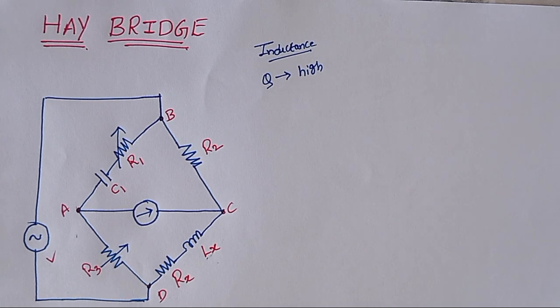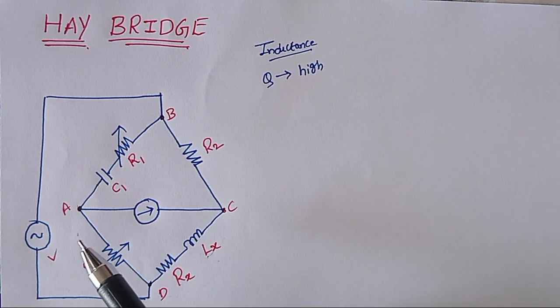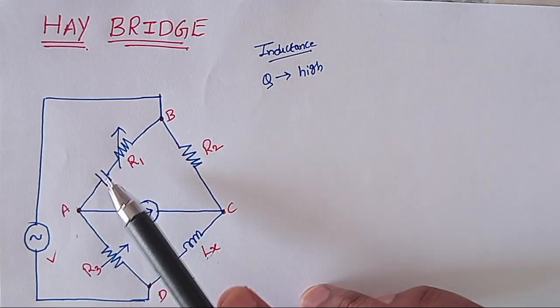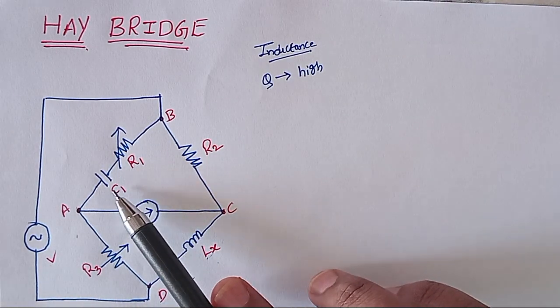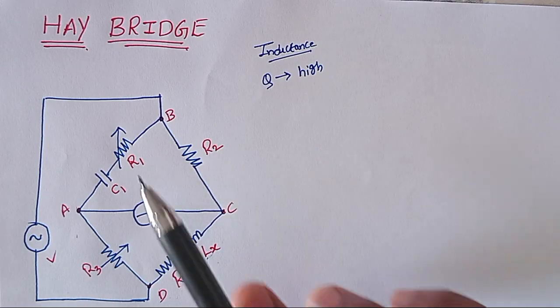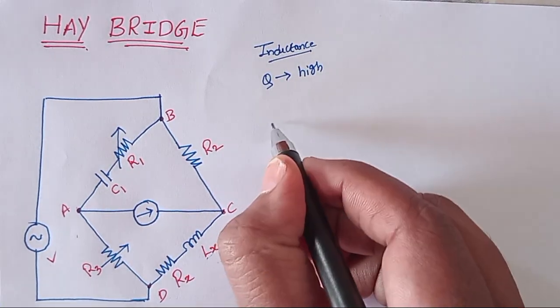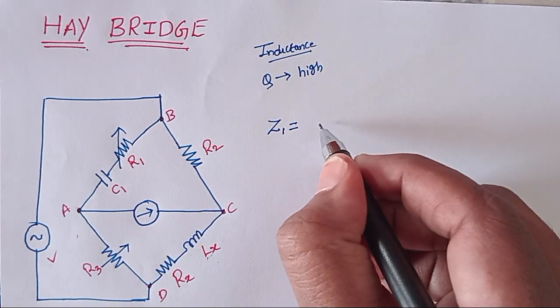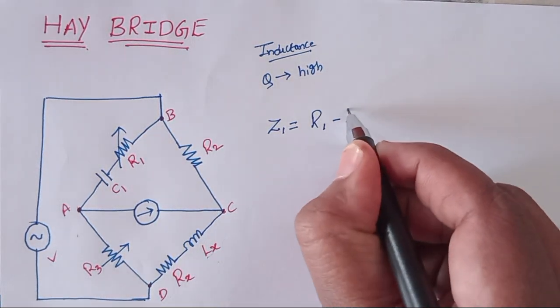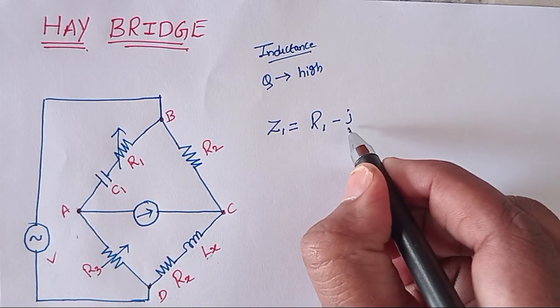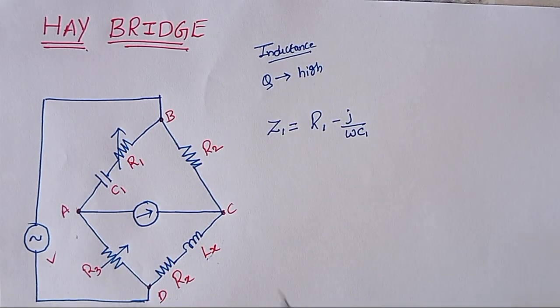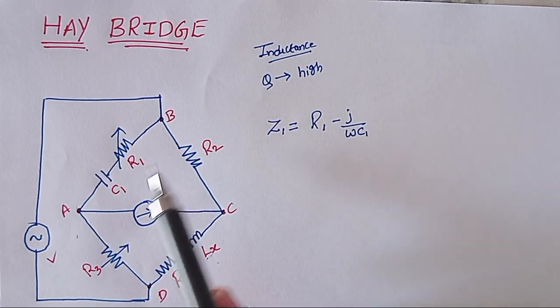Now we will find the inductance value using this Hay bridge. From the bridge circuit, in the first arm we have the series combination of C1 and R1, so Z1 equals R1 minus j by omega C1, the impedance of the first arm.